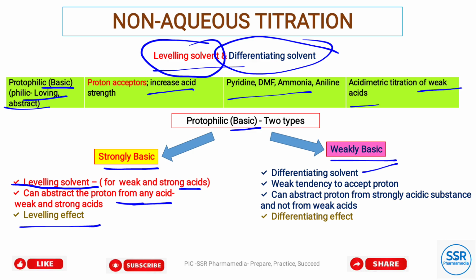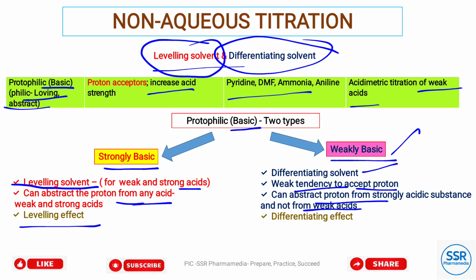A differentiating solvent has a weak tendency to accept protons and can abstract protons from strongly acidic substances, not from weak acids.